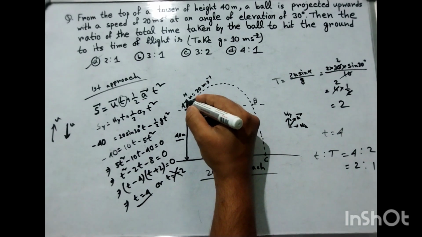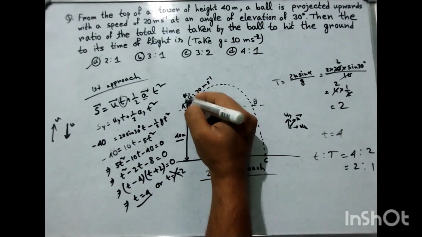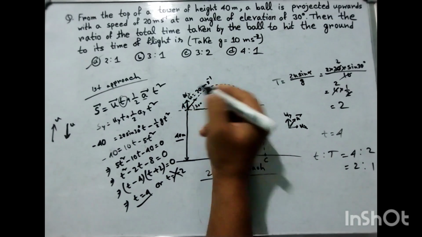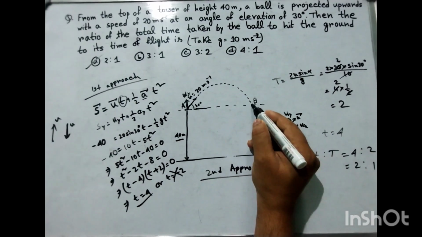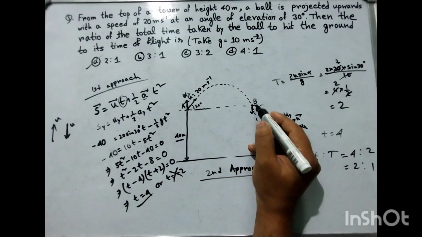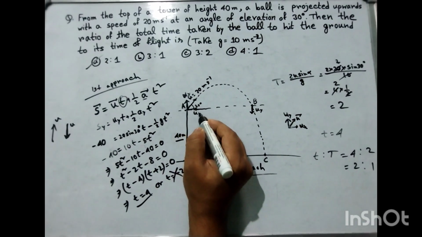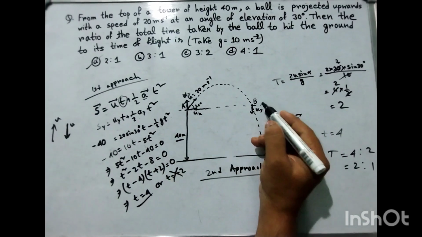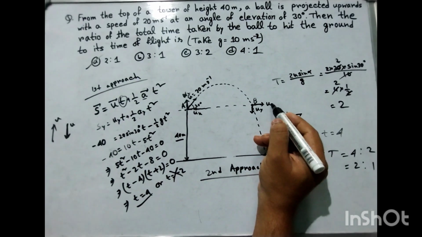So if at this point the value along the y-axis is uy, then at point B it will also be uy, but downwards, and here it is ux, and there is no force acting along the x-axis, so there it also will be ux.